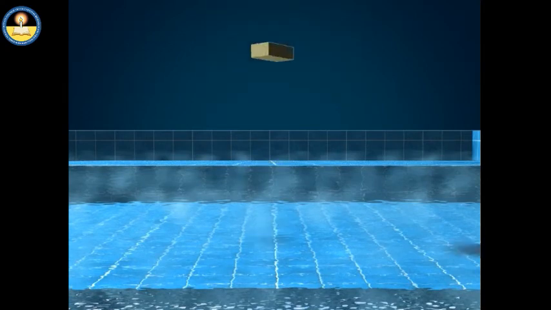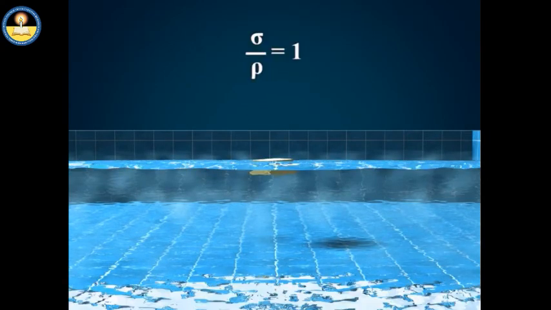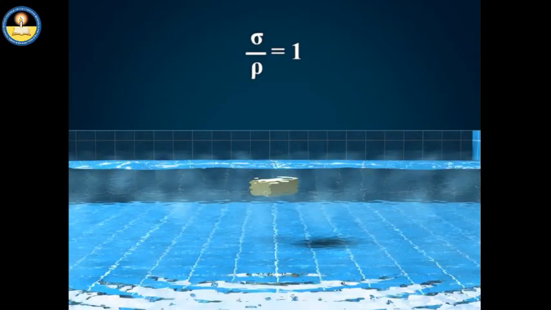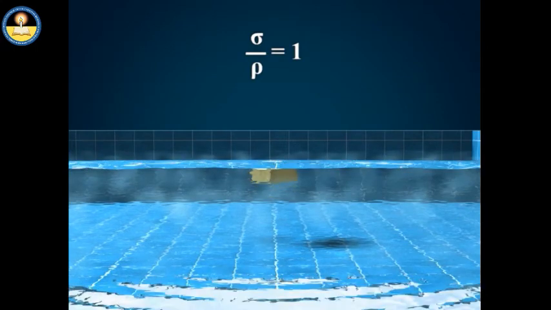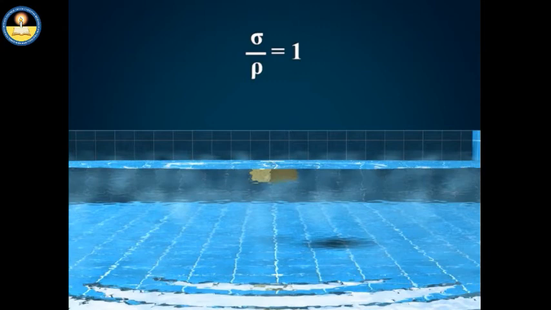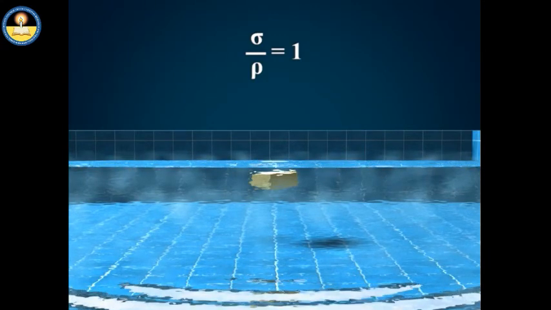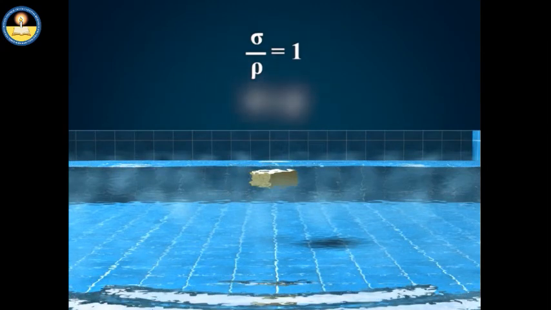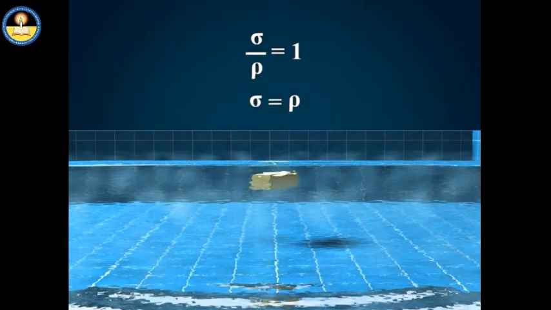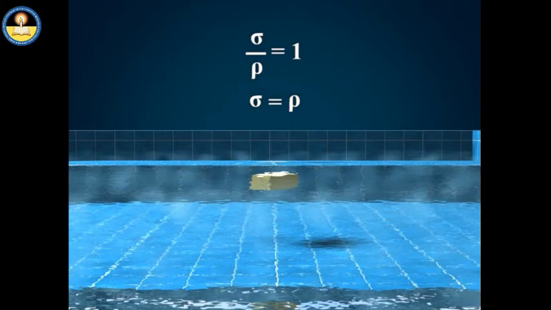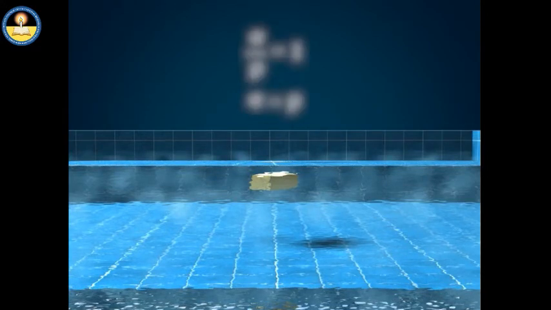But if the relative density is equal to 1, then the object will float and be just completely submerged in the fluid. Furthermore, if the relative density is exactly 1, then the densities are equal. That is, equal volumes of the two substances have the same mass.